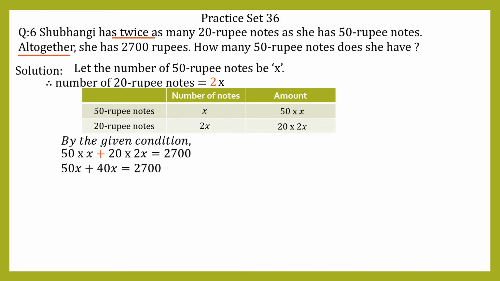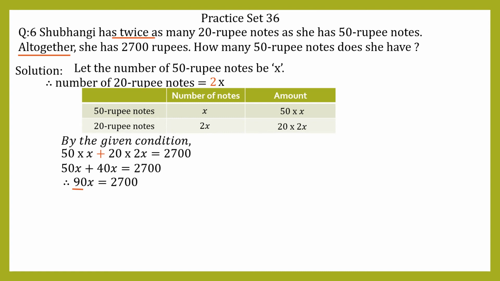Now these are the like terms, so we will be adding the coefficients, that is 50 and 40. 50 plus 40 is 90. Variable will not be added, it will remain same. So we get 90x is equals to 2700.